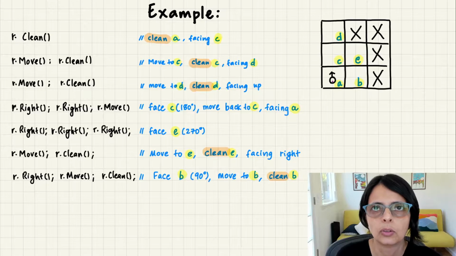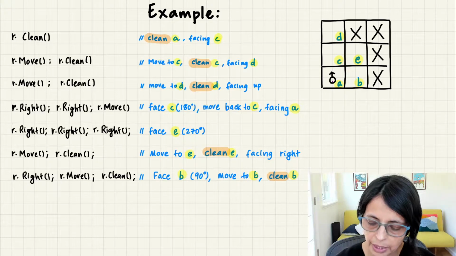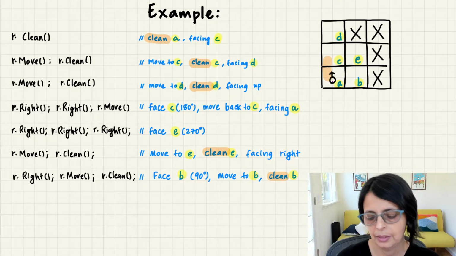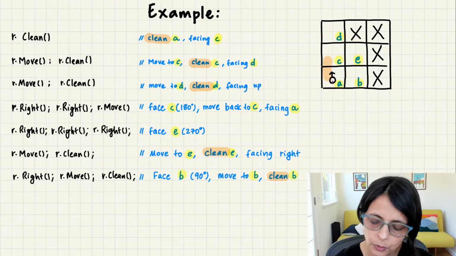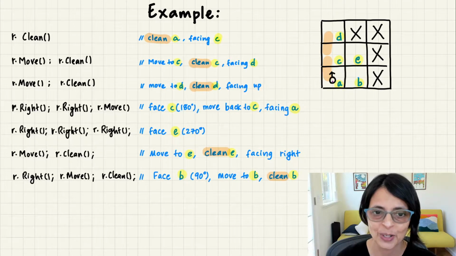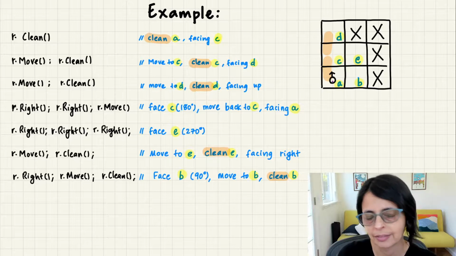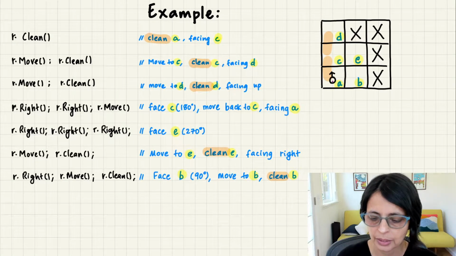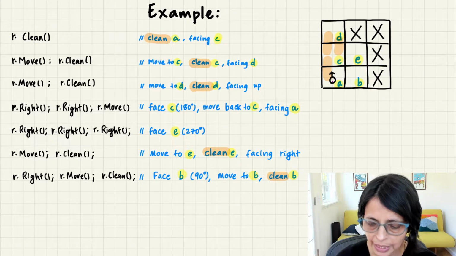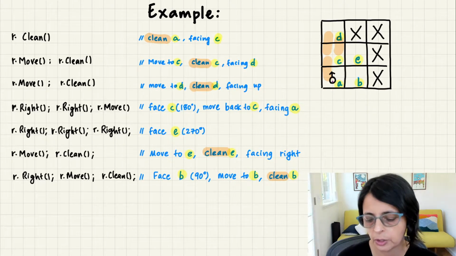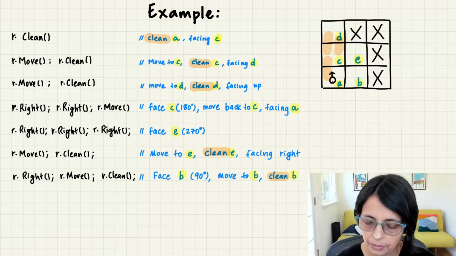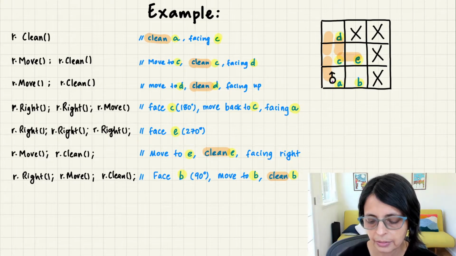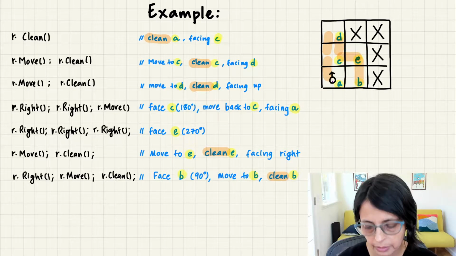So one possible journey that the robot might take is from A, it might go to C. So first clean A, it's facing C, then move to C, clean C, now it's facing D, now move to D, clean D, now it's facing nowhere, then take 2 right turns, do a 180-degree movement, come back to C, and now you're facing A. At this point, the robot could do 3 right turns to turn 270 degrees to face E, and then move to E, clean E, 1 more right turn, move to B, clean B.